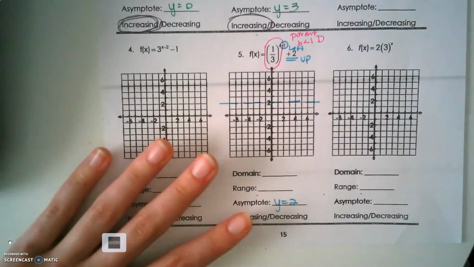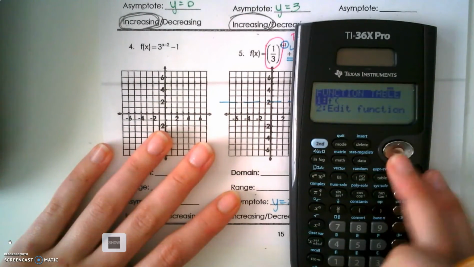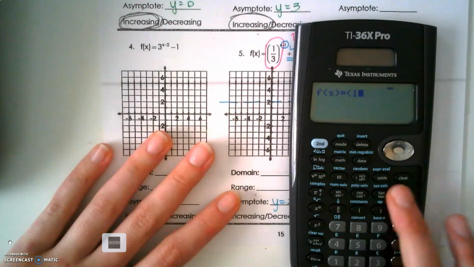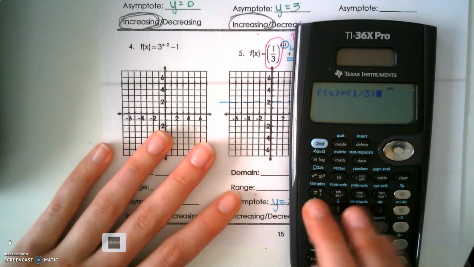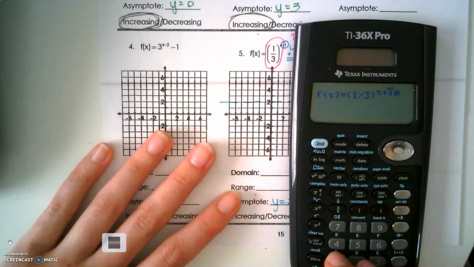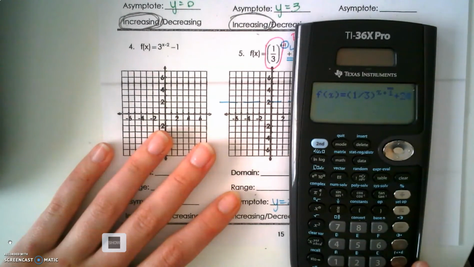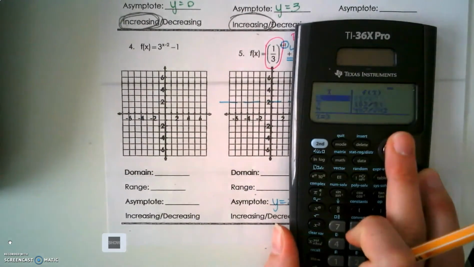So let's use our calculator to find this function. So I'm going to say 1 divided by 3, and I'm putting inside parentheses, raised to the x plus 1, and then plus 2. I had an arrow down. Again, we're looking for points that we can plot. So all of these positive numbers become fractions. So I'm going to move towards my negative numbers.